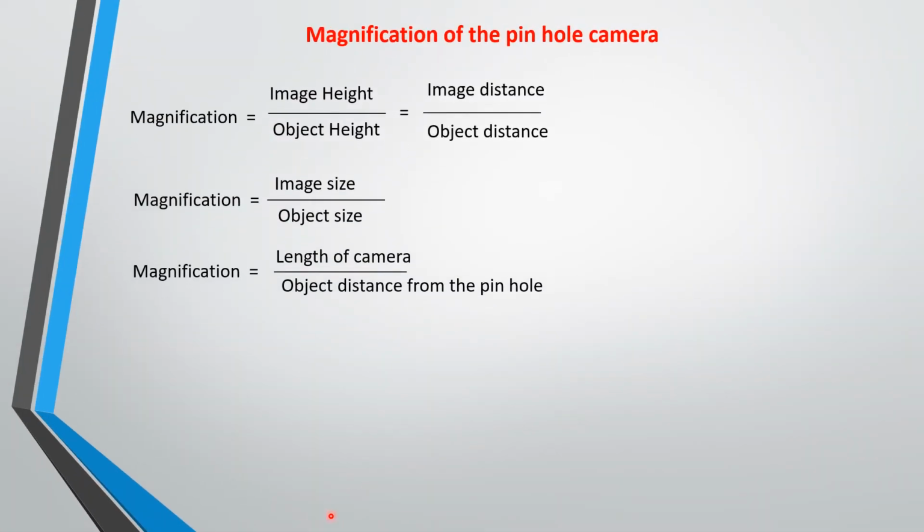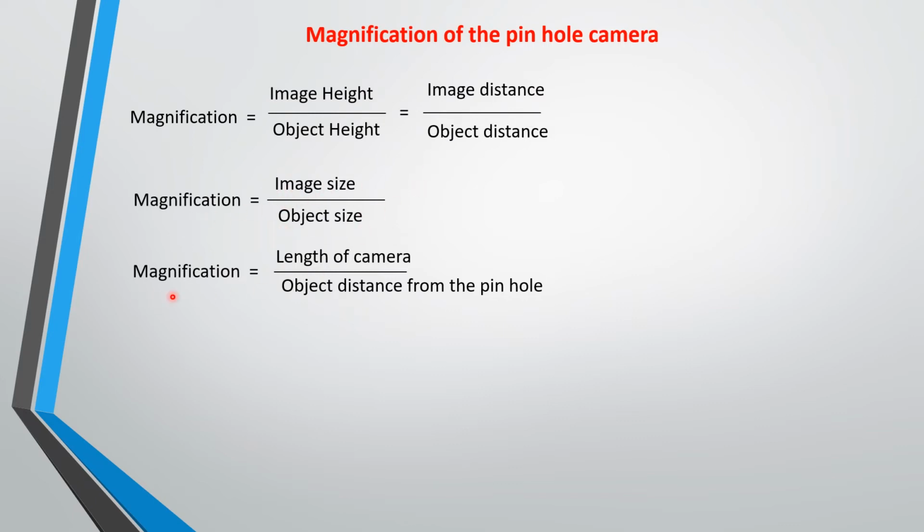Besides those characteristics, there's another thing that we need to calculate or find from the pinhole camera, that is the magnification. Magnification of the image formed by a pinhole camera is given by image height over object height, equals image distance over object distance. So it depends on the variables that you are given. You can use any of these, or you say image size over object size.